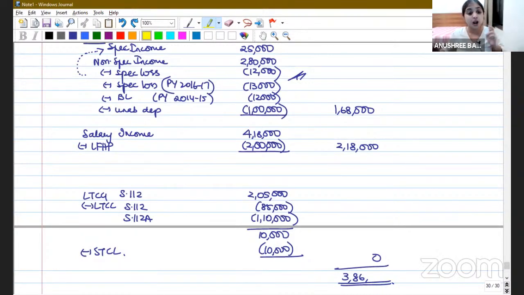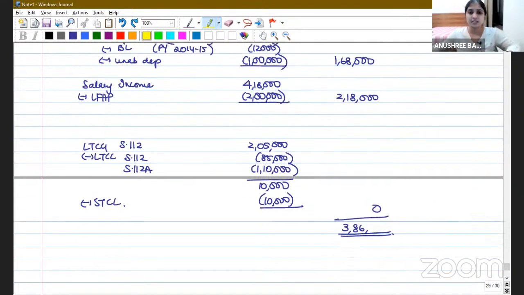Or students may think 112A loss can be set off only against 112A income. So these are the possible mistakes. The biggest mistake possible is relating to this 112A loss. But remember this statement: 112A loss, treat it just like any other long-term capital loss. If you remember this, easily you will be able to work it out.